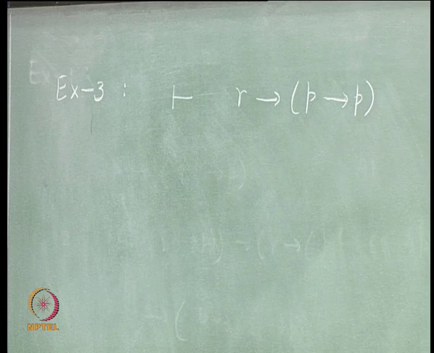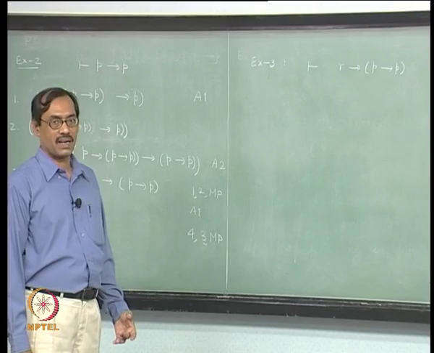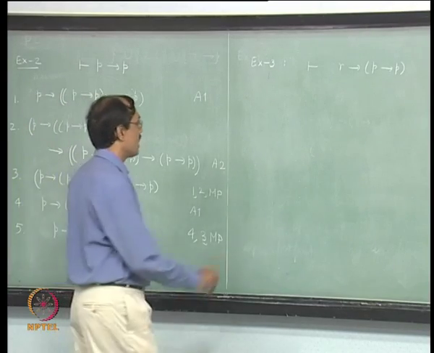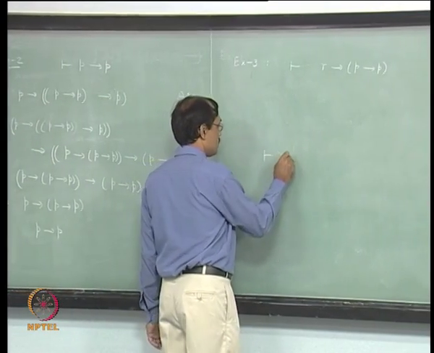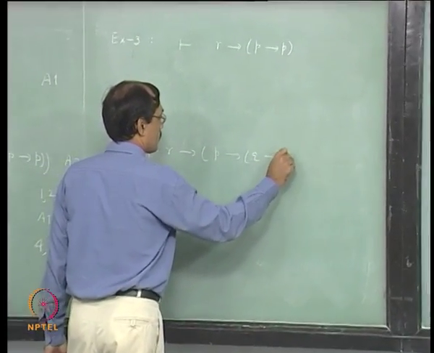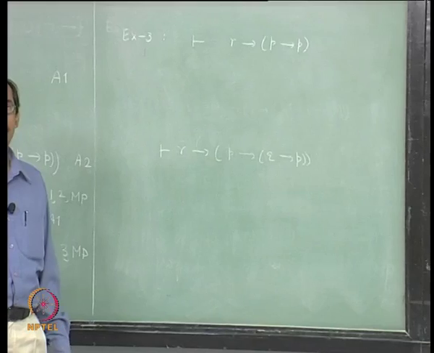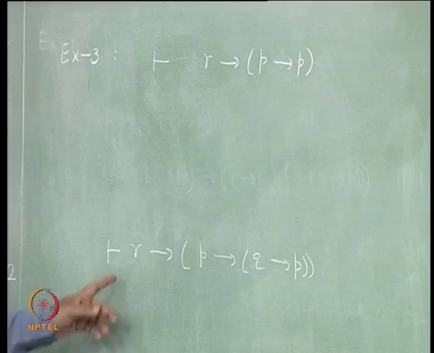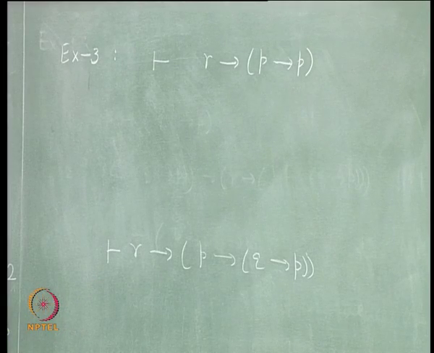That is the question. See why he is asking that, he is thinking about our example 1. In example 1 we had shown that this is a theorem, this we have proved to be a theorem in example 1, okay.